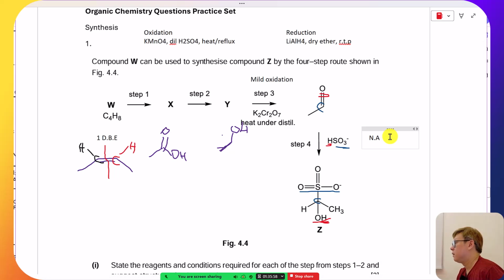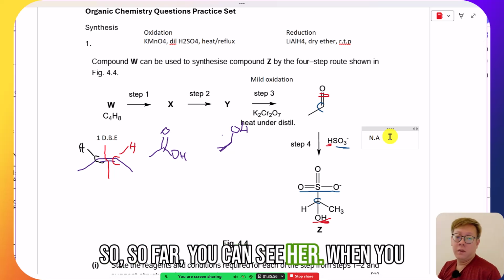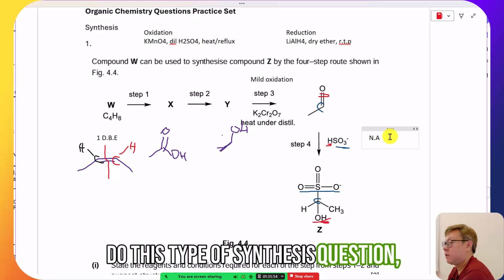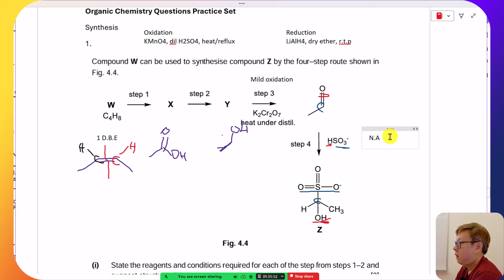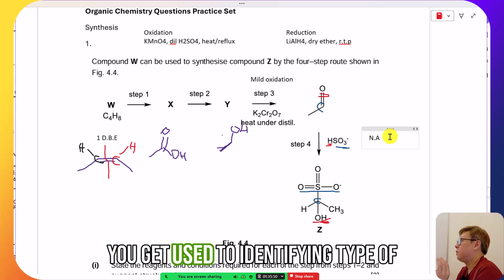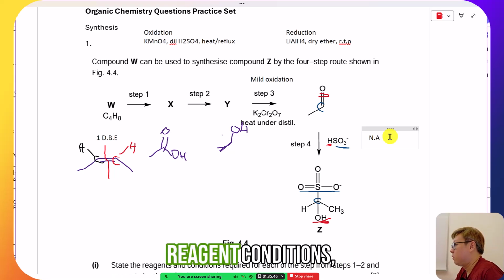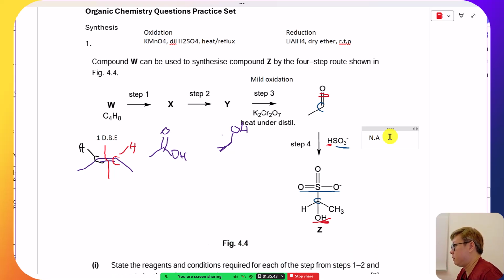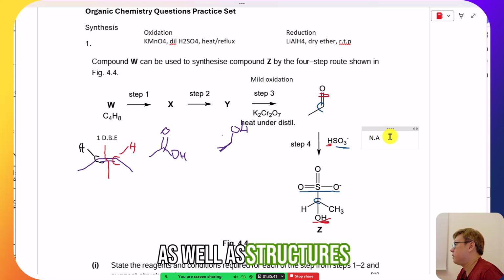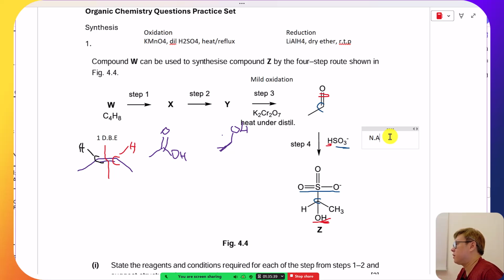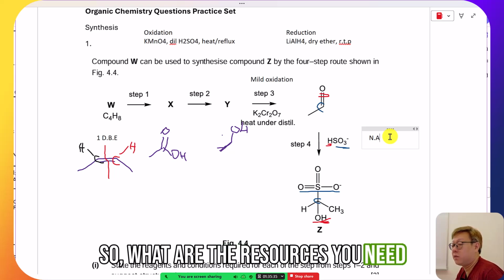Get it? So far you can see when you do this type of synthesis question, you get used to identifying type of reaction, reagent conditions, as well as structures of the intermediate. So what are the resources you need to use?